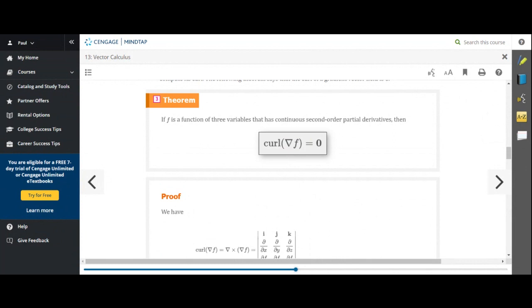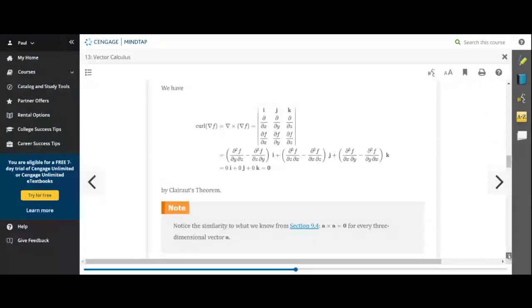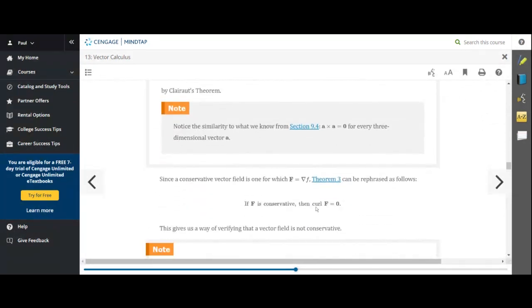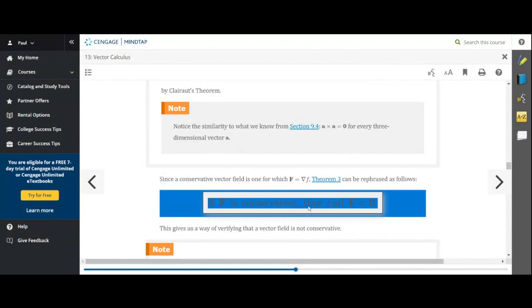Because if the vector field of your function is conservative, then its curl would have to equal the zero vector, because the vector field f can be written as the gradient of a function, and the curl of a gradient of a function is equal to the zero vector.